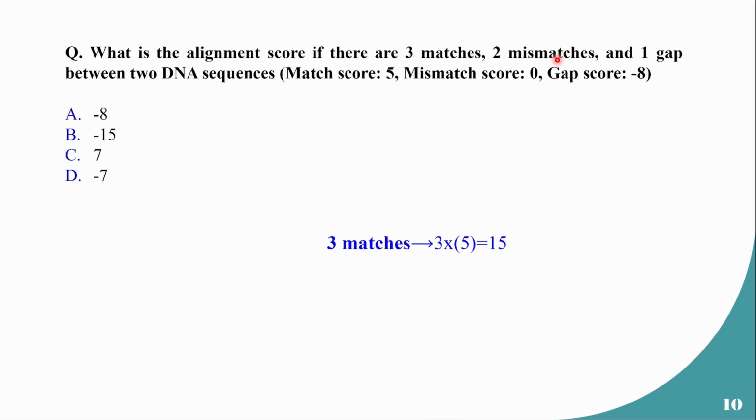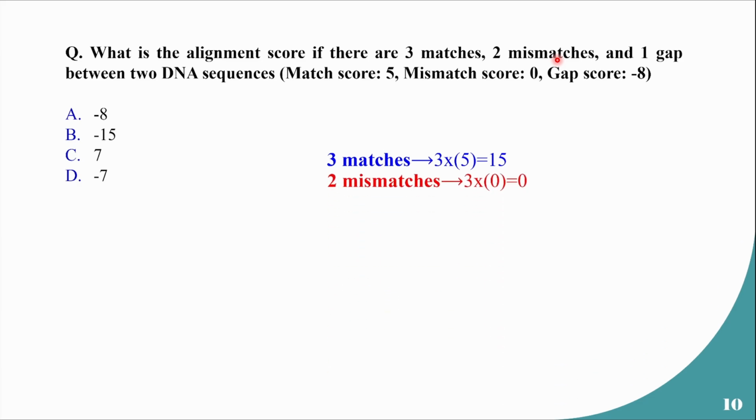So here, basically, you just have to numerically calculate how many matches there are, how many mismatches, and how many gaps. And you just add the totals to get the net alignment score, which in this case will be 7. So that was a simple one.